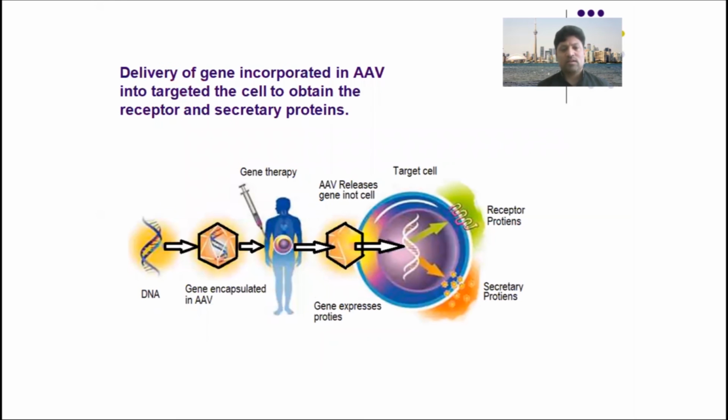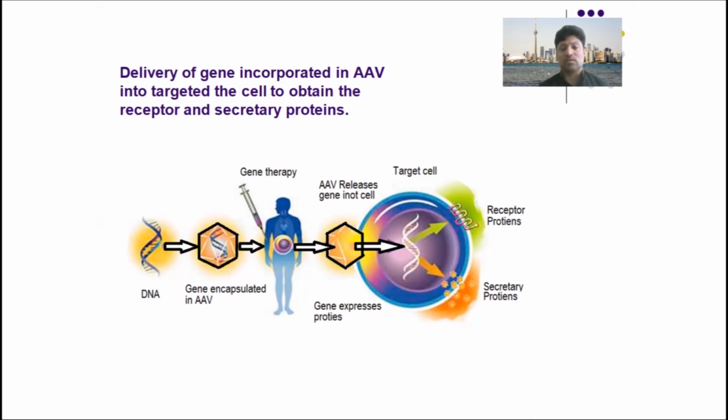This diagram highlights the delivery of the gene incorporated in adeno-associated virus into the targeted cell, organ, or tissue within the body. To obtain the receptor or secretory proteins, the DNA that is encapsulated in adeno-associated virus is injected into the patient.